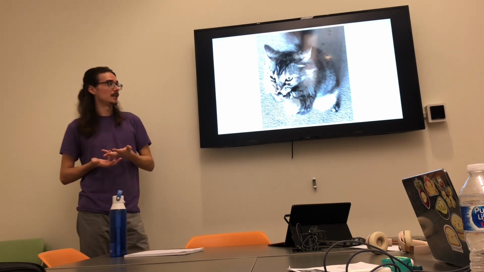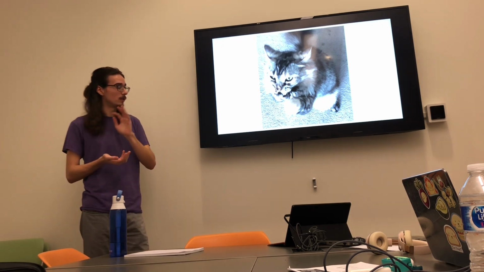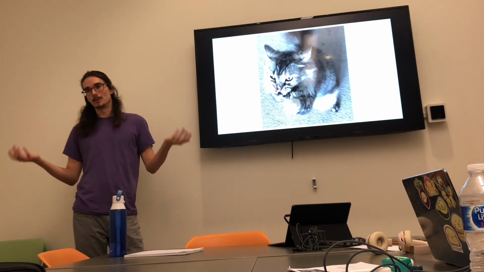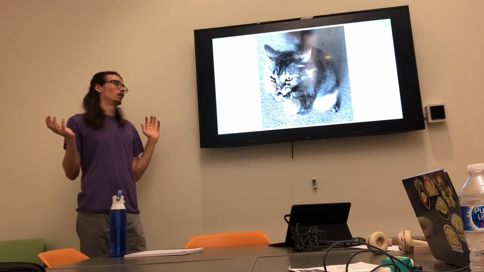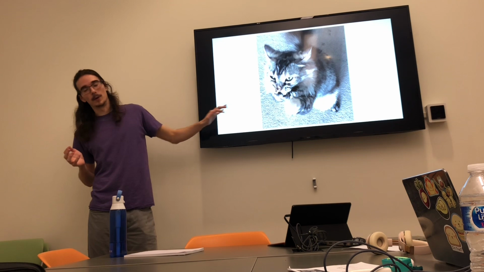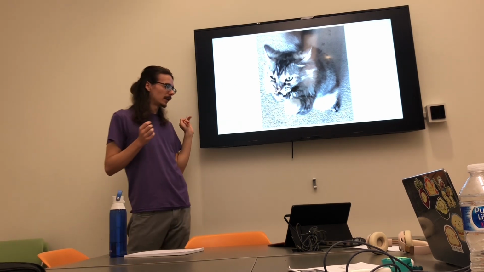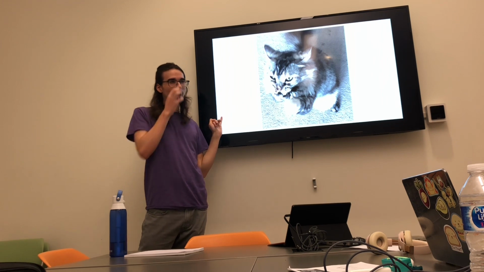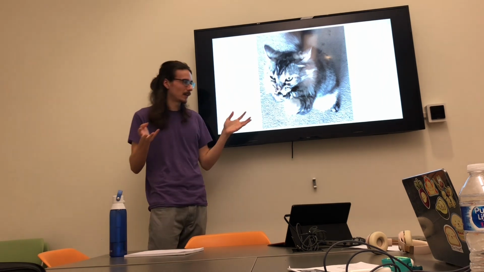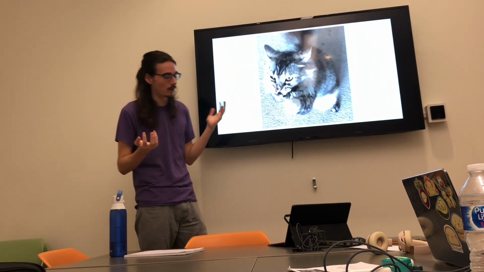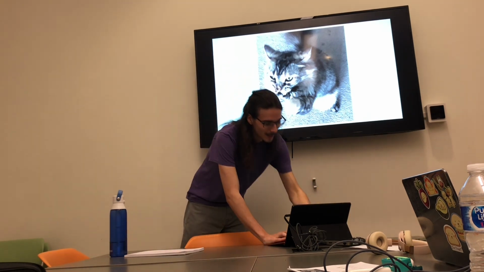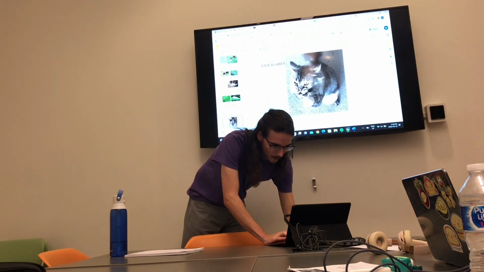Our prey have to deal with so much more, so they're usually reducing their numbers, which can in turn reduce predator numbers, and it can throw your whole ecosystem out of whack. It's very important you keep your cats indoors. In Australia, about 40% of rat and mice extinctions are due to cats and foxes that were introduced. So keep your cats indoors, and that is the end of my presentation.